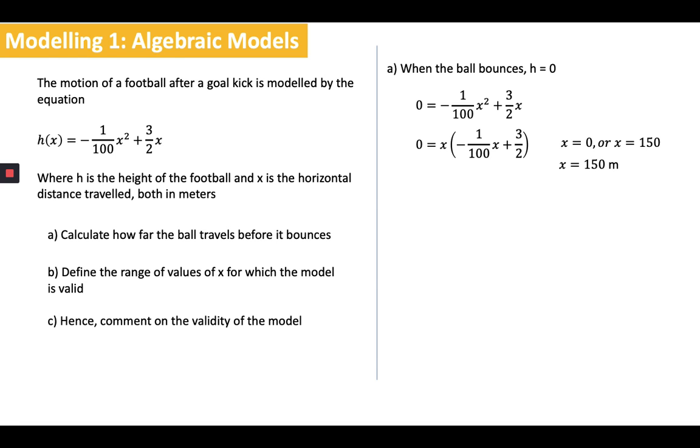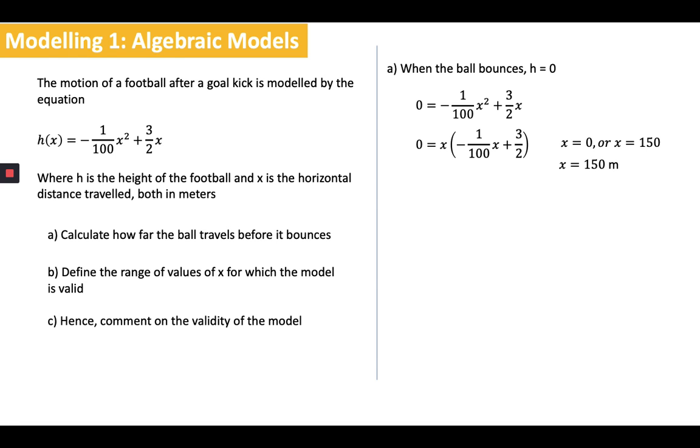Now hopefully you're looking at that graph on your calculator at the moment, and we'll see that for x greater than 100 or less than 0, we're going to have a graph that is below the x-axis and leaves us with negative values of height.